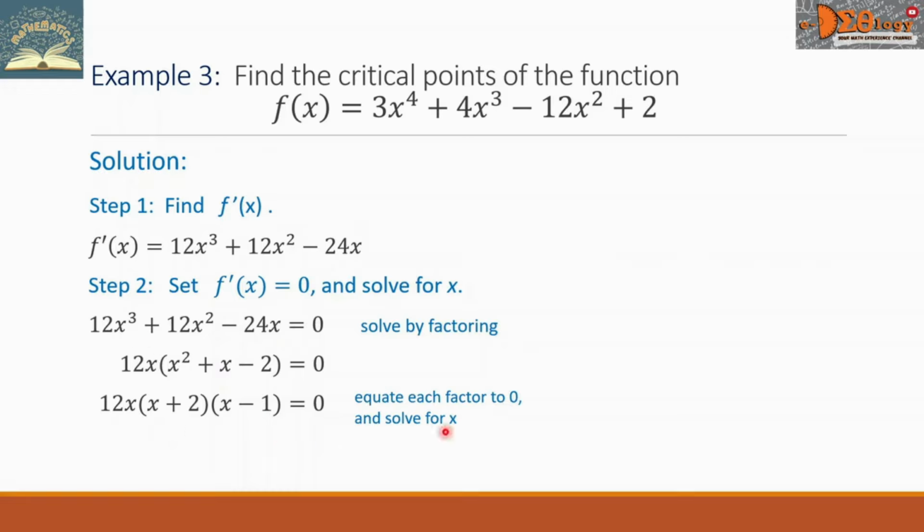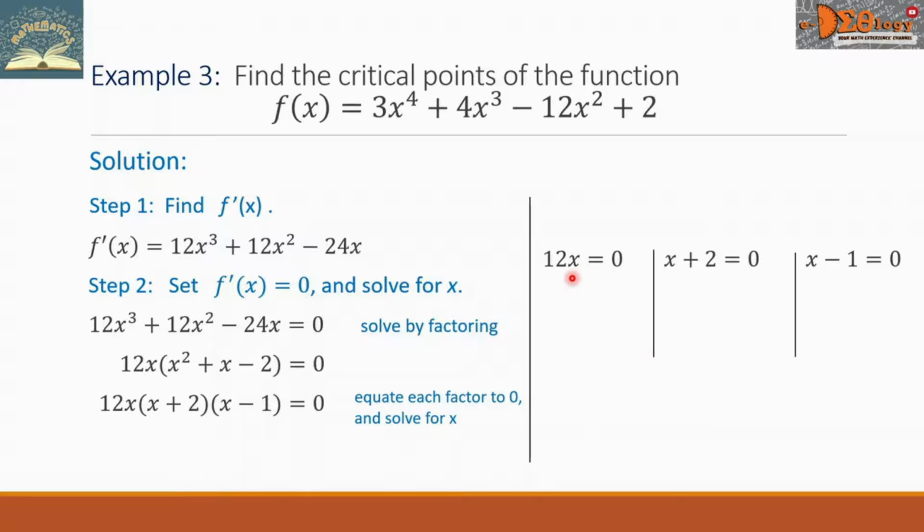So we are going to equate each factor to 0 and solve for x. So we have 12x equals 0, x plus 2 equals 0, and x minus 1 equals 0. Let us solve for x respectively. For 12x equals 0, we divide this equation by 12. So the 12 cancels out, and the right side is 0 over 12, so x equals 0.